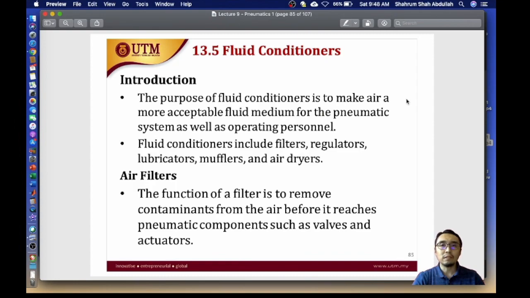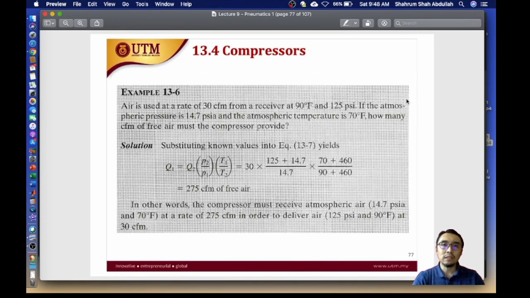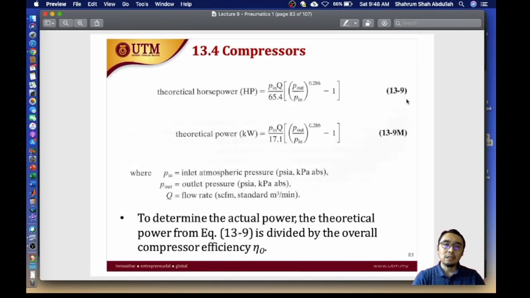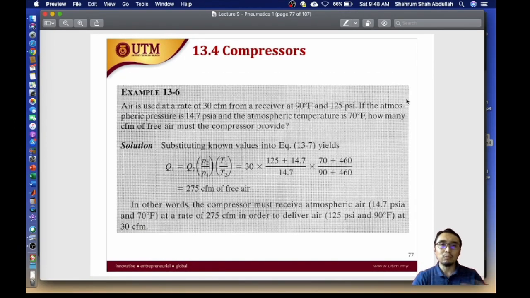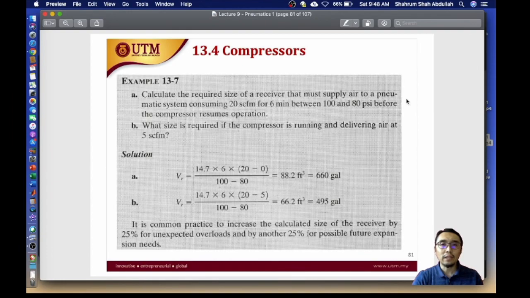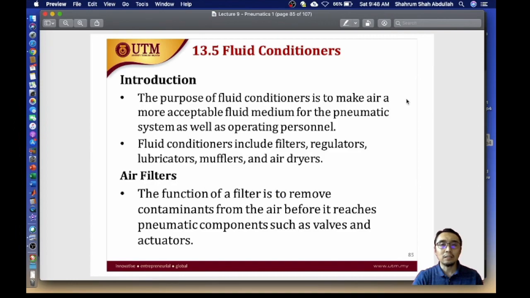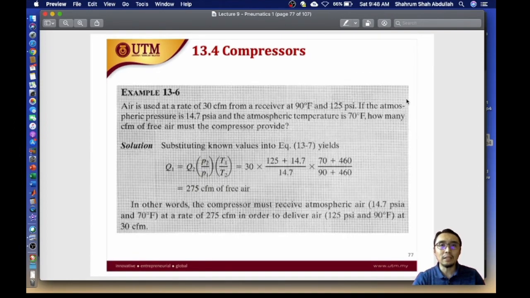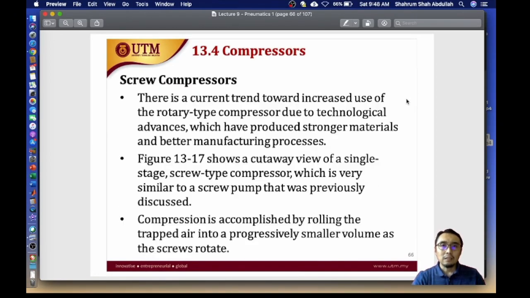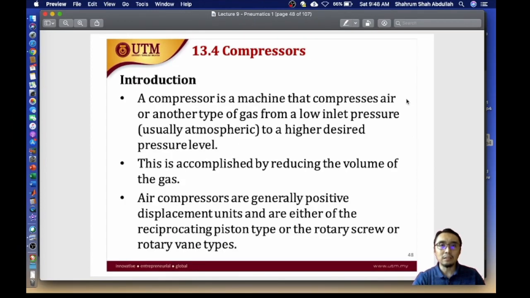We have gone through the introduction to hydraulics and pneumatics, and then we studied the basic components of pneumatic systems. We also looked at, importantly, the gas law, and then how to size the compressors. If you recall, we also looked at sizing the reservoir.